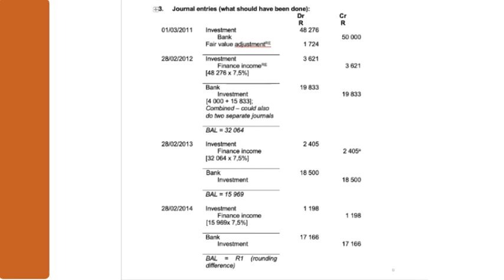So now we go over to the journal at the end of the first reporting period, 28 February 2012, and that is first of all the finance income. Now the finance income, how do we calculate that? It is the balance on the debenture T account times the effective interest rate.